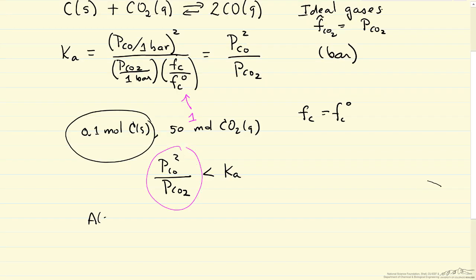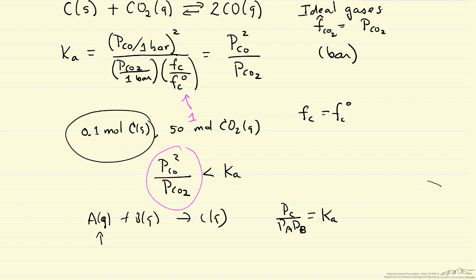If I had A gas plus B gas going to C gas, I can always satisfy equilibrium by making, for example, this mole fraction small, therefore the partial pressure sufficiently small, that I can reach the equilibrium expression, the pressure of C over pressure of A and pressure of B. I can always make it equal to the equilibrium constant. That's not true when we're dealing with heterogeneous systems.